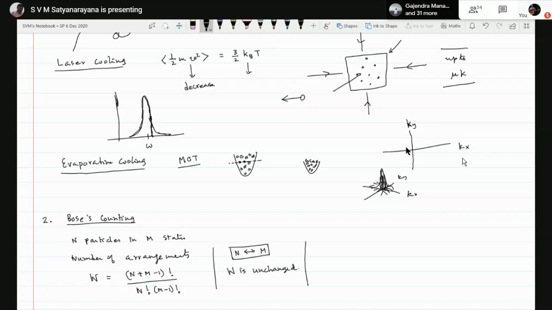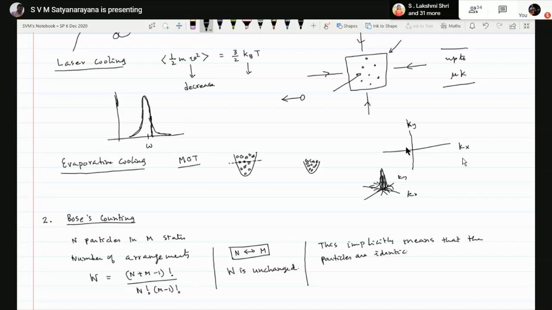This is possible only when, implicitly, even though Einstein did not say this explicitly in his work, the particles are identical.